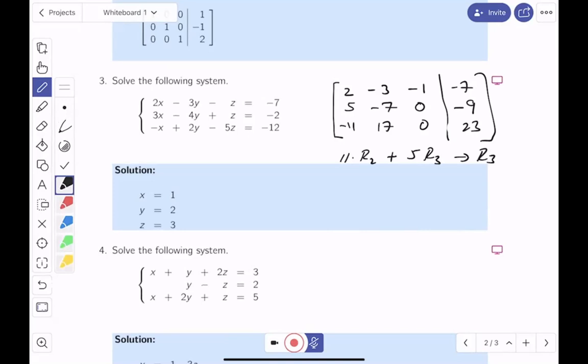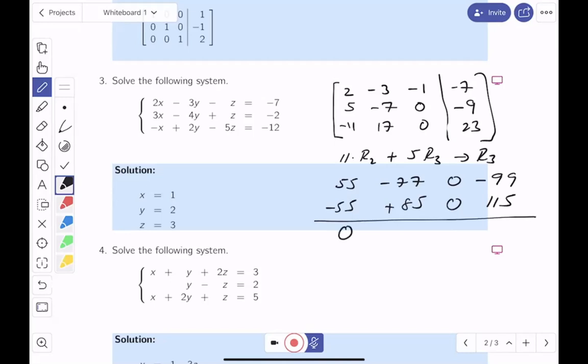So 11 row 2 would be 55, -77, 0, -99. And 5 row 3s would be -55. Let's see, 5 times 17 is 85, and 5 times 23 is 115, right?